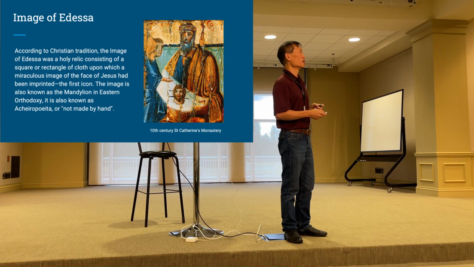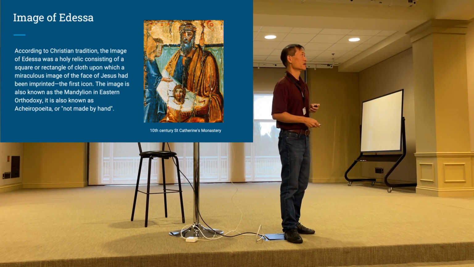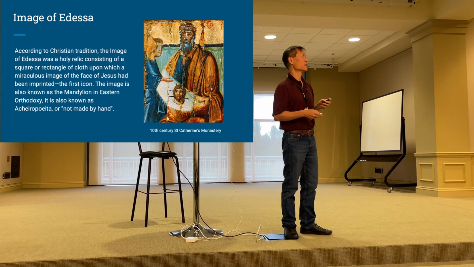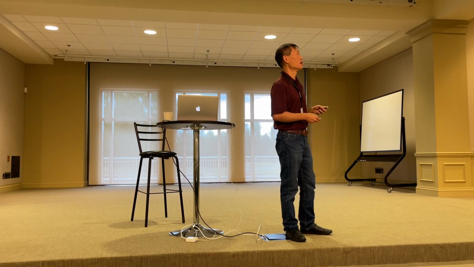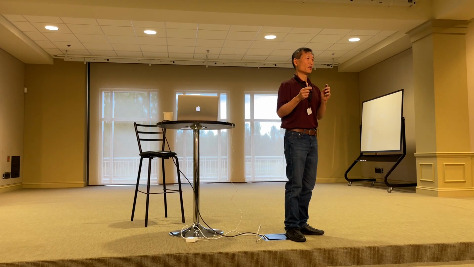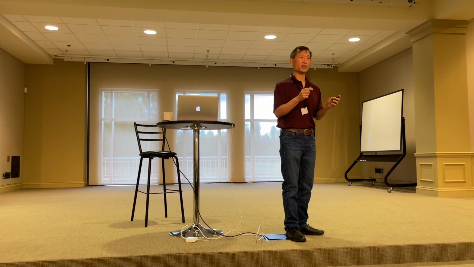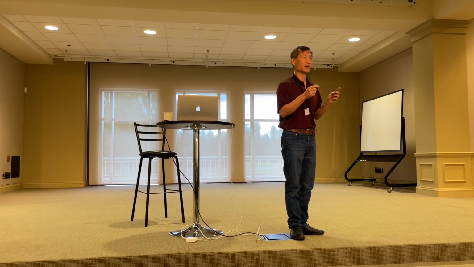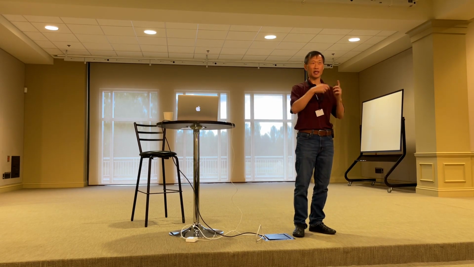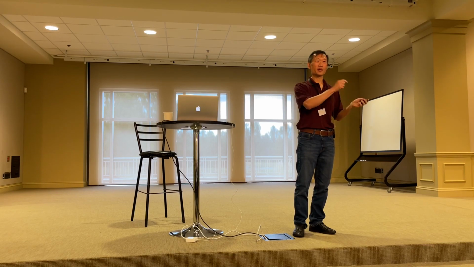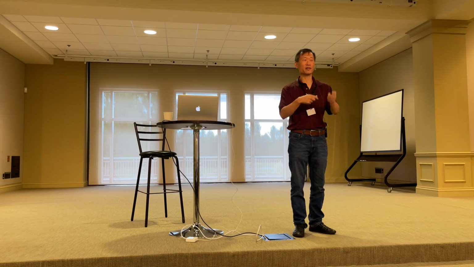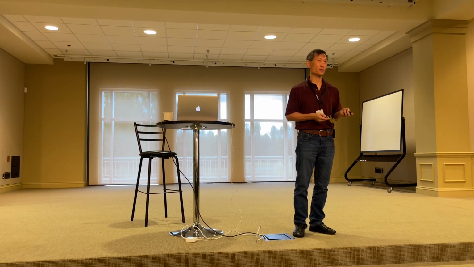It was also known as the Mandylion, and also known as the Acheiropoieta, which is Greek for "not made by hand." So all of these items, the image of Edessa, Mandylion, Acheiropoieta, Ian Wilson theorizes that all of these are referring to the Shroud of Turin. Now, obviously, before it was in Turin, it was not called the Shroud of Turin. So it was called something else. So you have to try to do some detective work about, well, what was it called before?